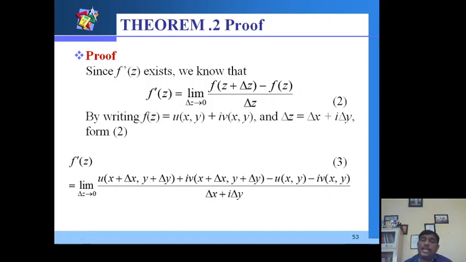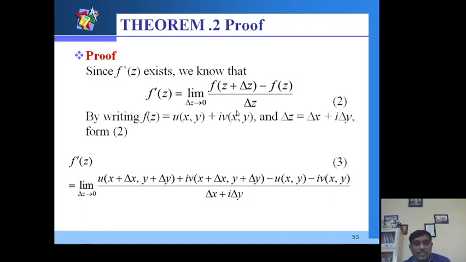Now we are proving it in Cartesian form, so we can write f of z is equal to u of x comma y plus i into v of x comma y, and also z is equal to x plus iy. If z changes to z plus delta z, then since z is a function of x and y, some change also occurs in x and y. That is, delta z becomes delta x plus i times delta y.